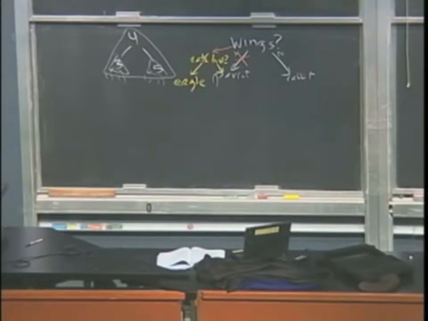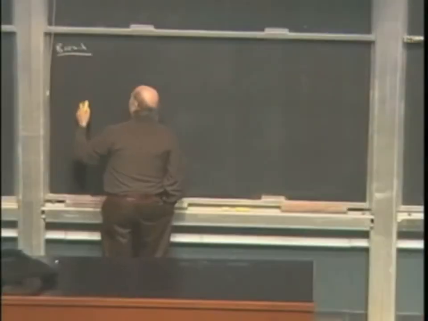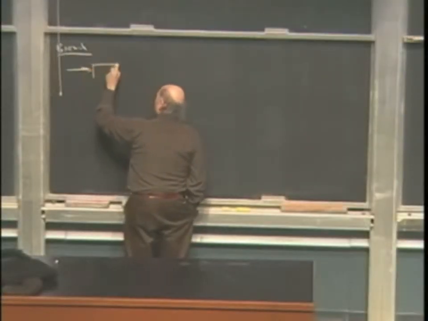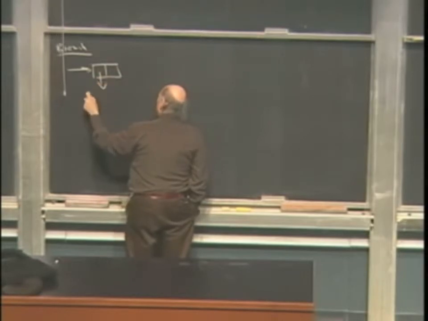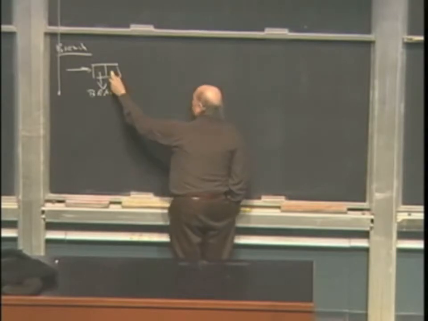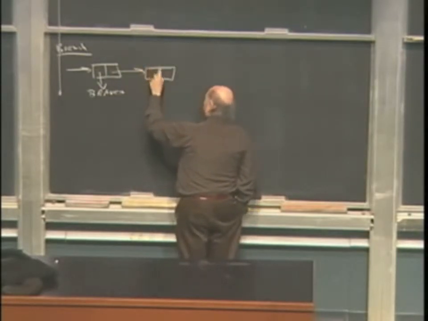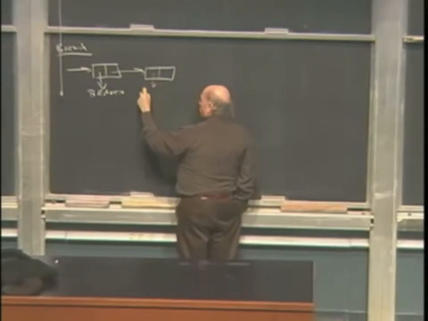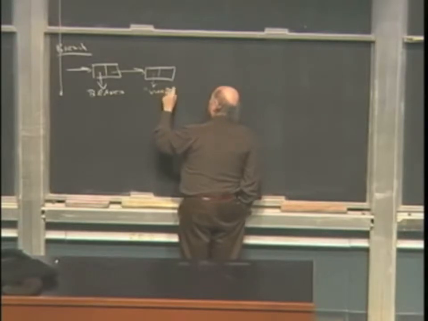Basically, this is a binary tree, right? Because the questions are all yes or no questions. And the leaf nodes are animals, or guesses. The branch nodes are questions. So for branch nodes, it looks like this: the word branch, and then a question like, does it have wings?